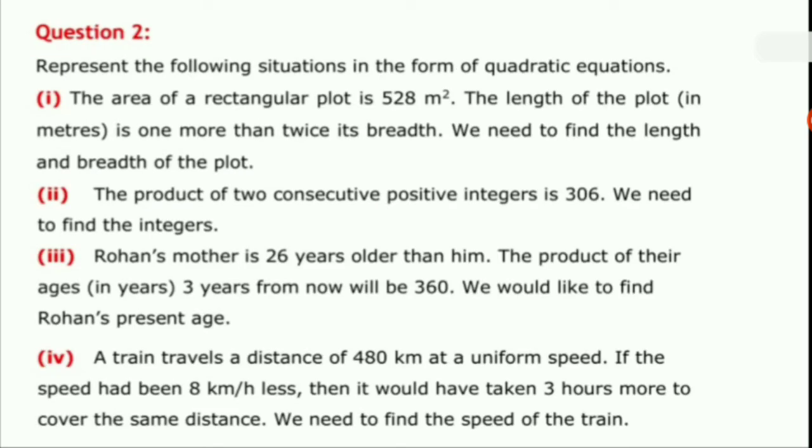Now question number 4. A train travels a distance of 480 km at a uniform speed. If the speed had been 8 km per hour less, then it would have taken 3 hours more to cover the same distance. We need to find the speed of the train.